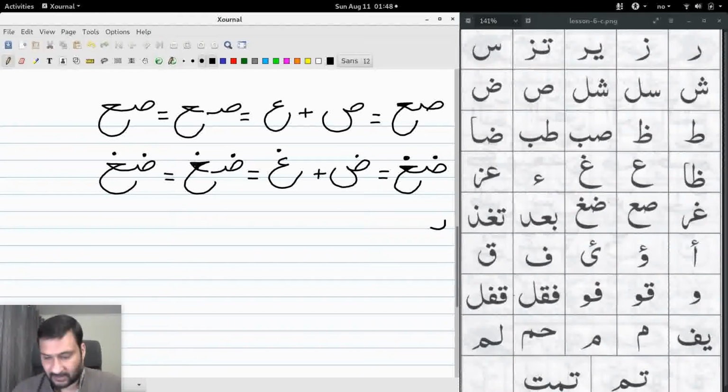So this is Ba Ain, and then this way of writing dal, which I don't like. You can write it like so as well. Ba, ain, and then this dal, which is easier to recognize.